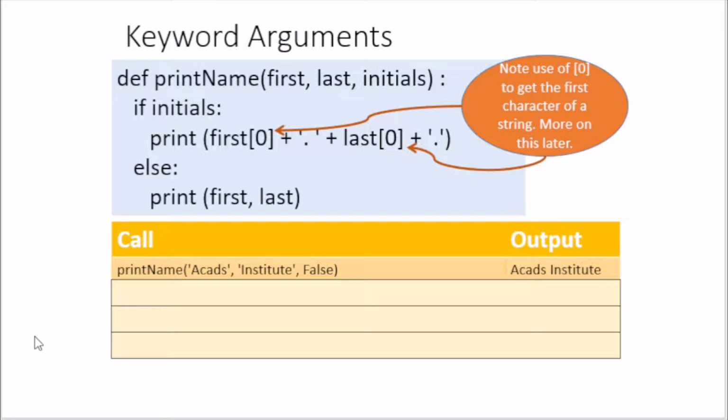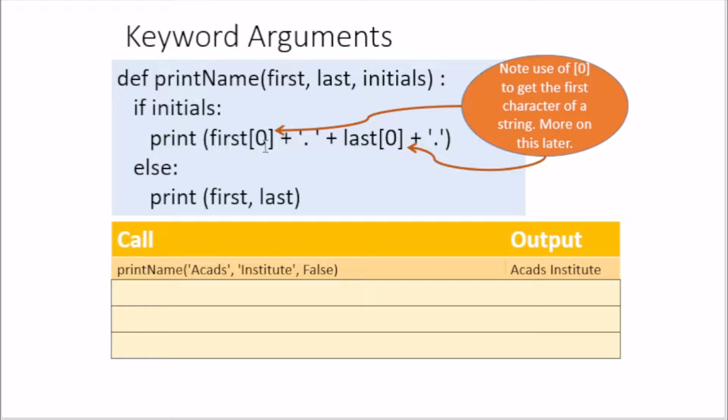So now here, if you can see, I have defined one function print name, which is taking 3 arguments as an input: first, last, and initial. Then inside that function we have written if initial. So initial is my boolean value, which is basically performing the operation. So if my initial is true, if my condition is true, I am going to print first of 0 plus dot last of 0.